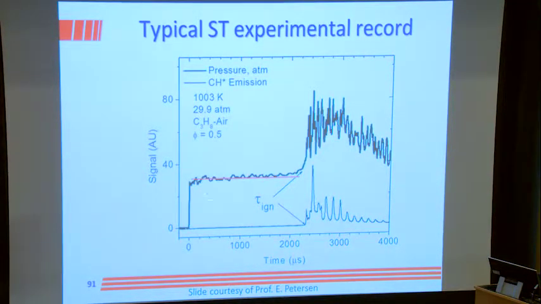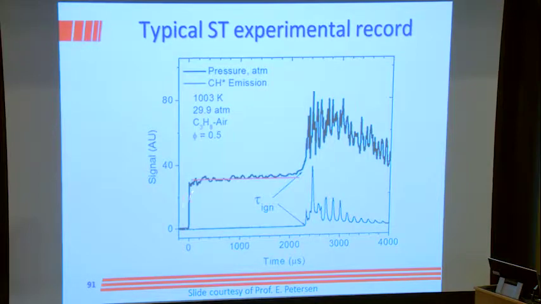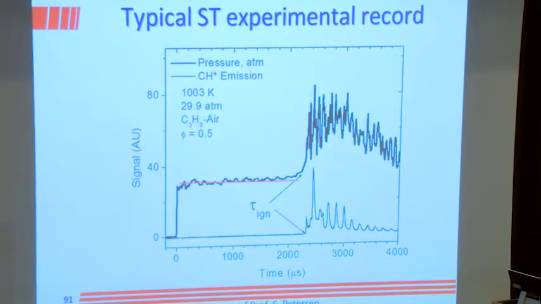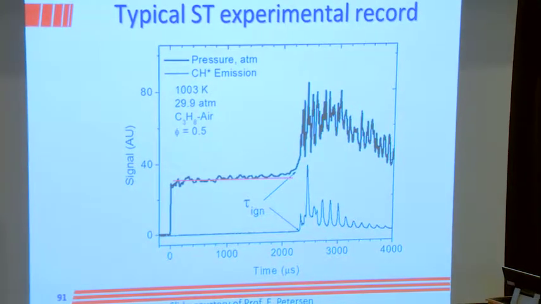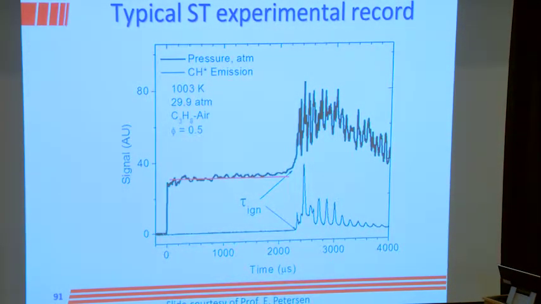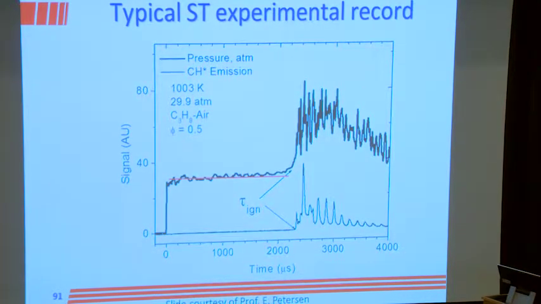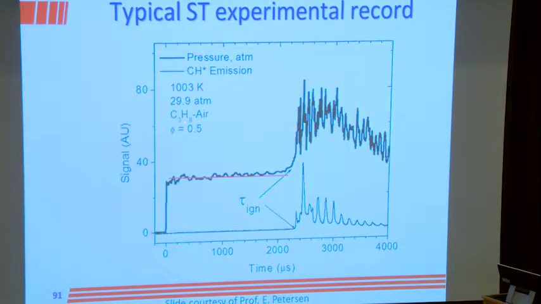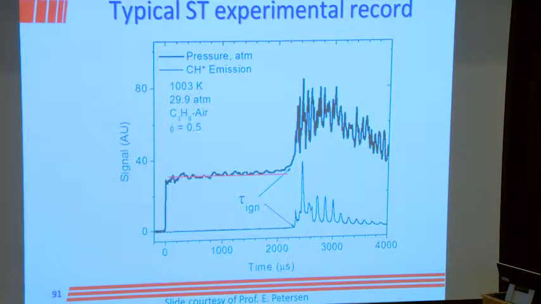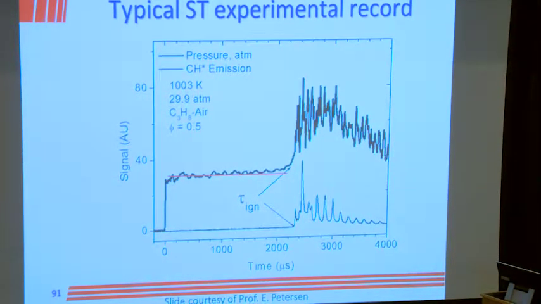But here we just show a typical pressure time history or light emission time history measured in a shock tube. This is taken from Professor Eric Petersen's group at Texas A&M University for a mixture of propane and air at equivalence ratio of 0.5 at 30 atmospheres and 1,000 Kelvin.